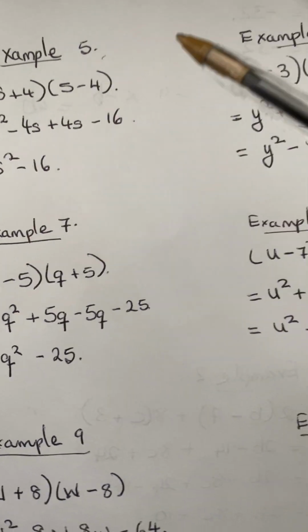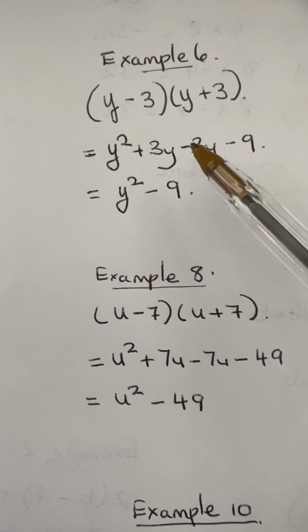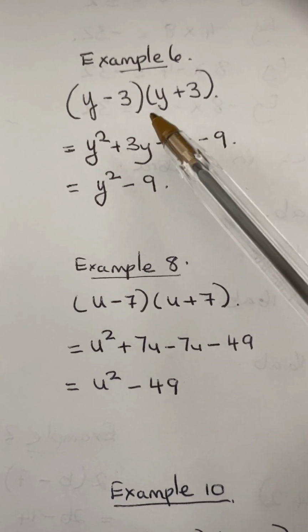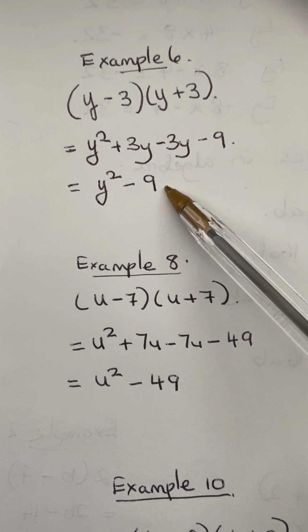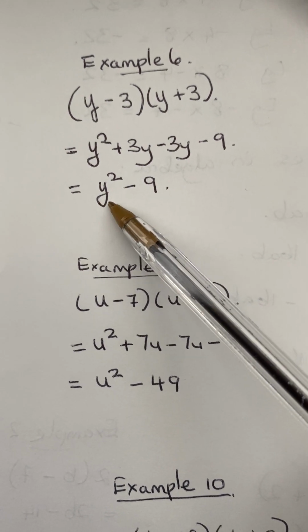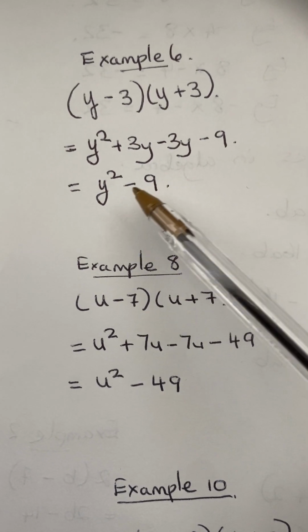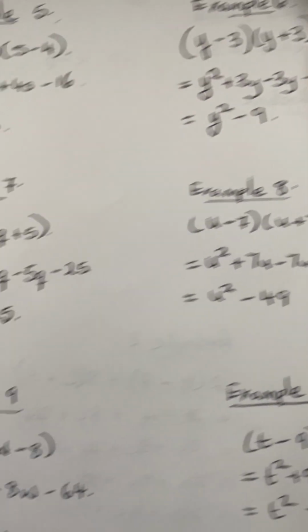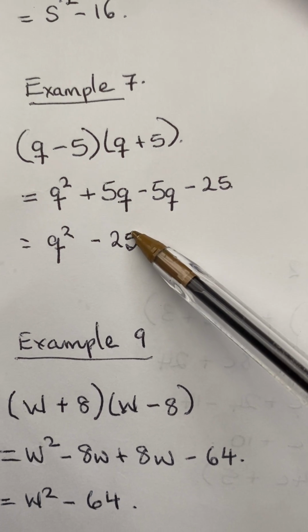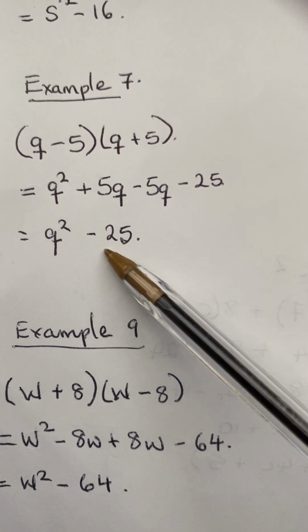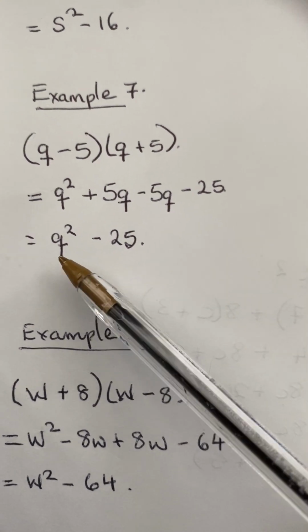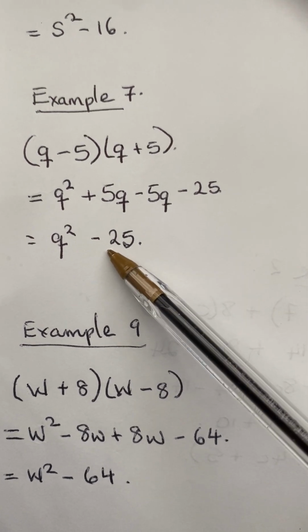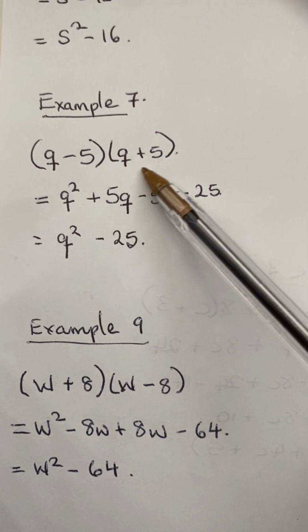Okay, so look at this also. It's the same thing, difference of two squares. So (y minus 3)(y plus 3), that is why we have this. Look at this example also, difference of two squares. So (q minus 5)(q plus 5).